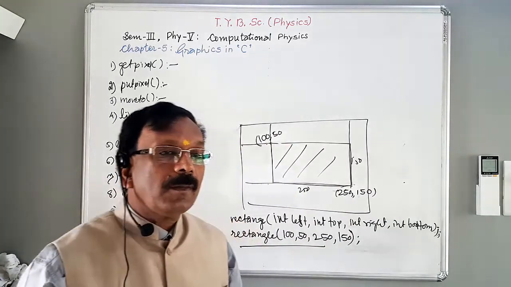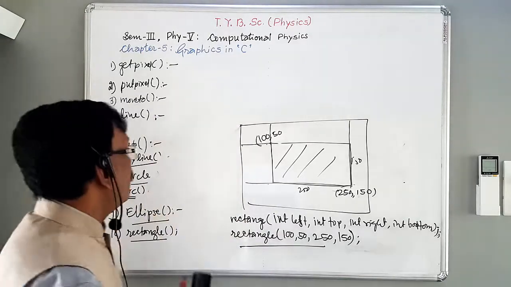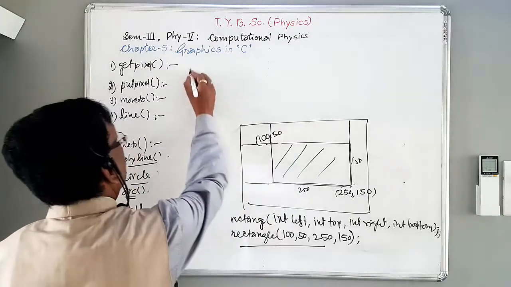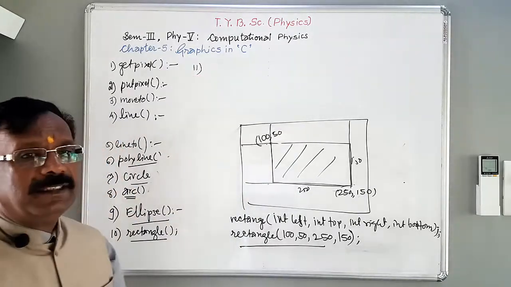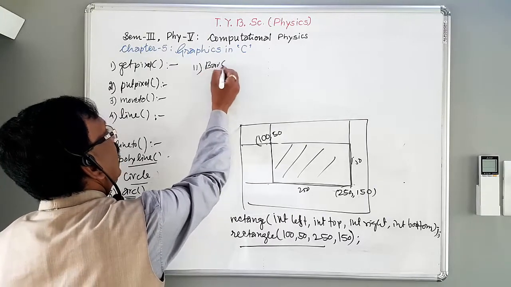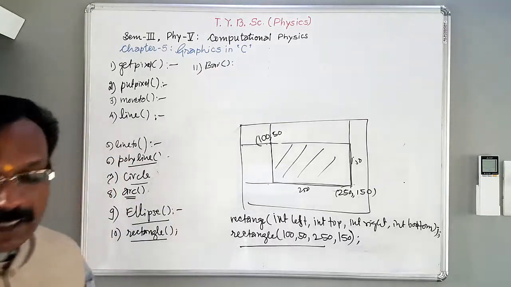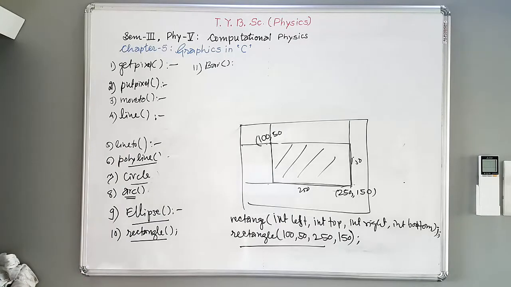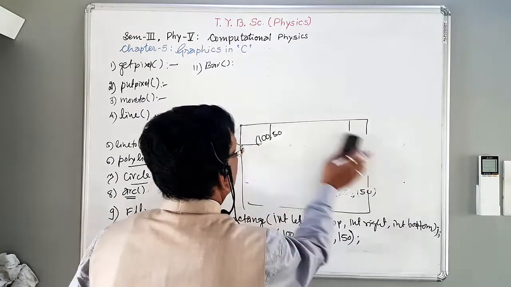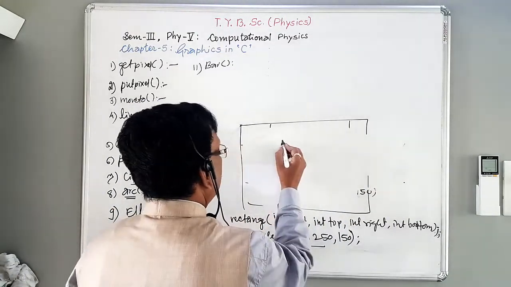Now, we can draw a bar. For that, we are going to use the next function, bar, and this bar function can draw a bar on the computer screen like this. Suppose this is the computer screen, and on this screen, suppose this is a bar.